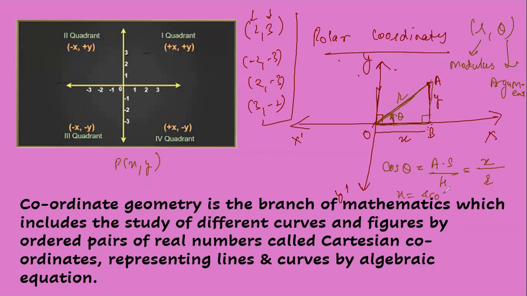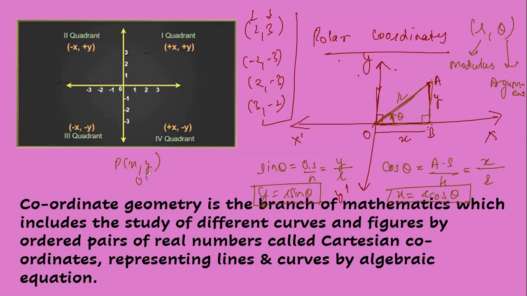So x is r cos theta. If I apply sine theta, which is the opposite side over the hypotenuse, the opposite side is y and the hypotenuse is r. So y is equal to r sine theta. Clear?